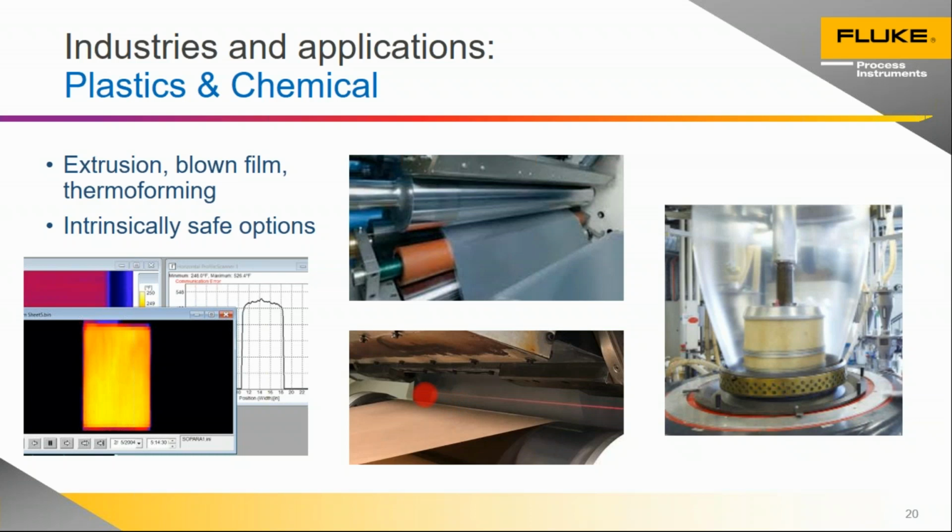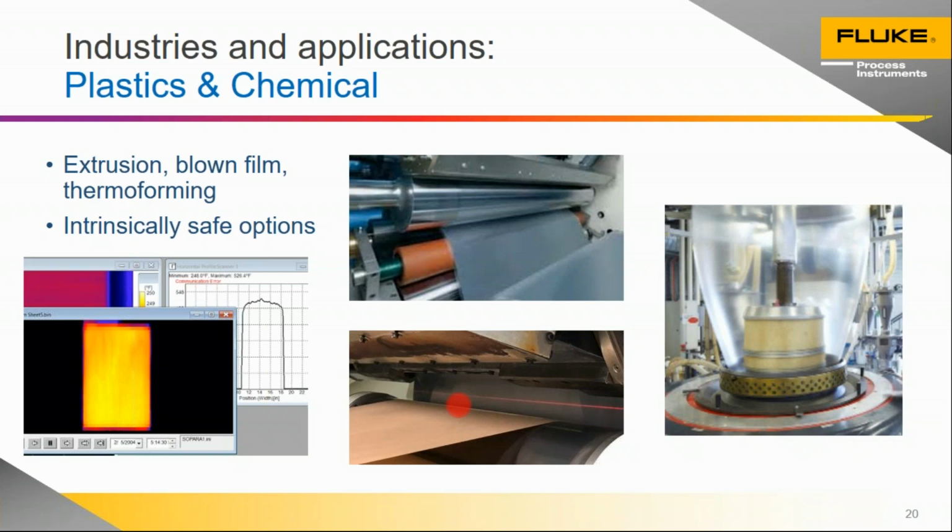So in the bottom view of this web process, you see kind of a faint red light line. That's the laser line coming out of the scanner, and the scanner uses that laser to help you sight exactly where you're making that measurement. And so it's making a profile temperature line of many points across this laser.